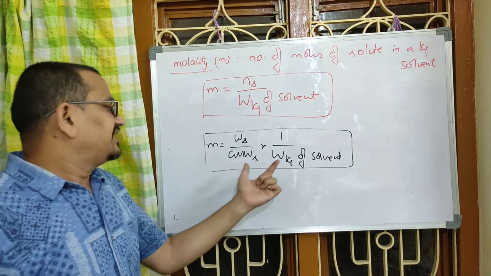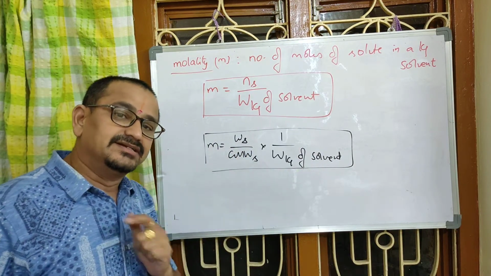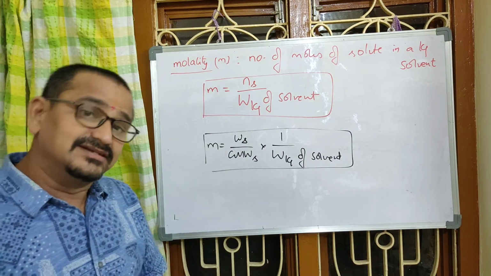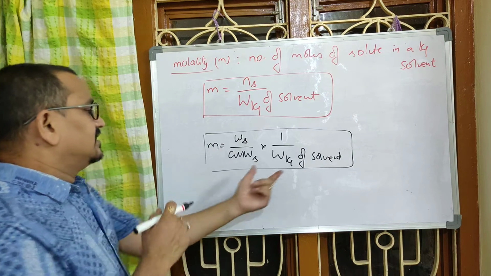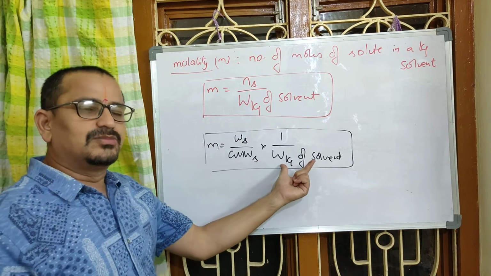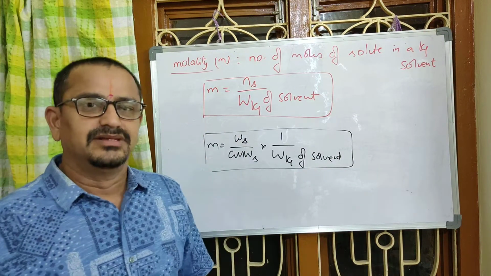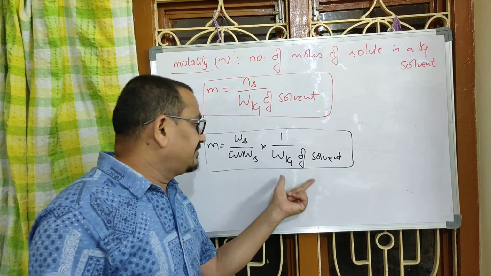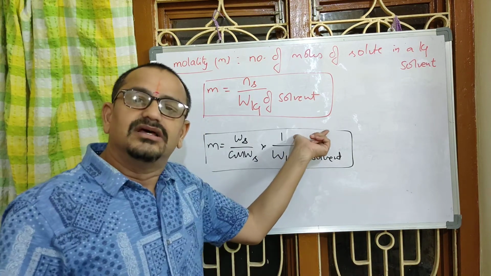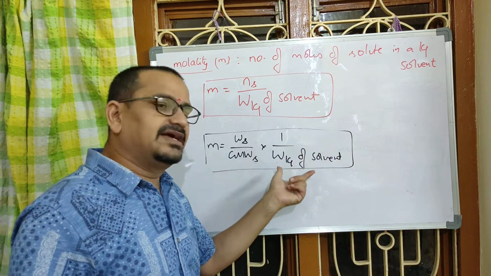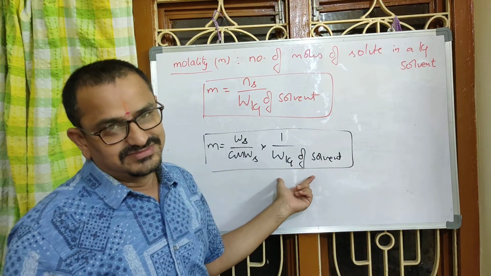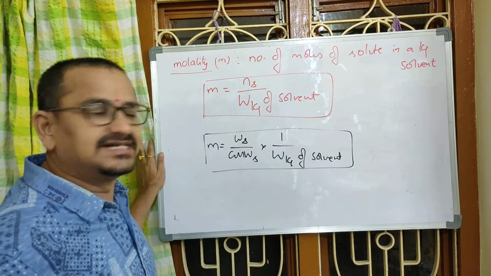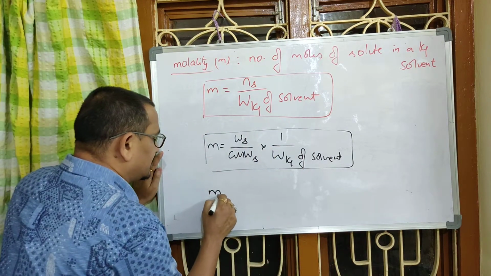In case the weight of solvent is expressed in grams, suppose if it is 1 kg, no problem. Suppose it is 0.5 kg, 0.5 kg means 500 by 1000, and that 1000 will come to the numerator. So 1000 by 500 grams. So in case the weight of solvent is expressed in grams, what will be the formula?